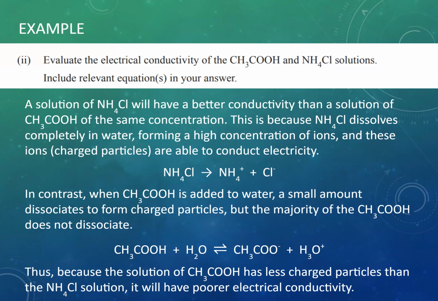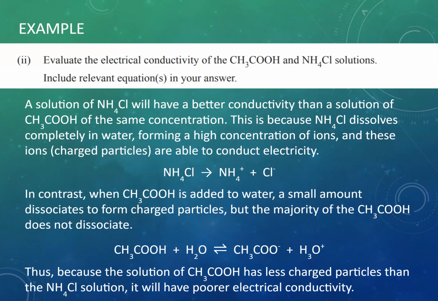This is because the ammonium chloride dissolves completely in water, forming a high concentration of ions, and these ions or charged particles are able to conduct electricity. So I've made a statement saying which one is going to have the better conductivity. I've defined the requirement for electrical conductivity, which is the presence of charged particles, and I've stated why ammonium chloride has a lot of charged particles, supported with that equation.